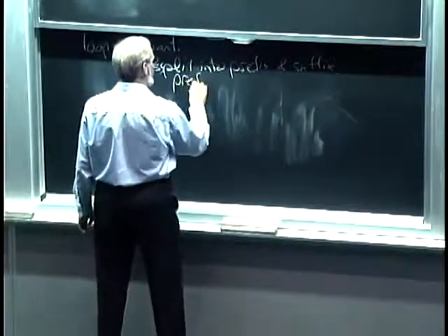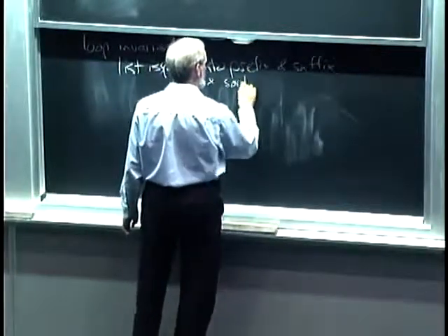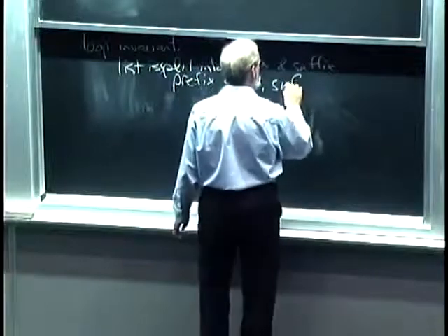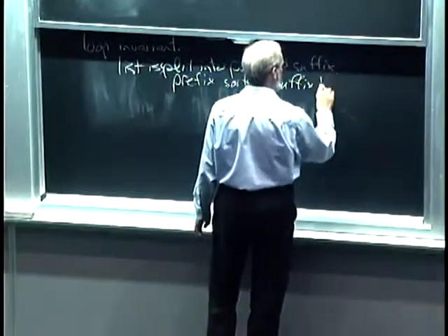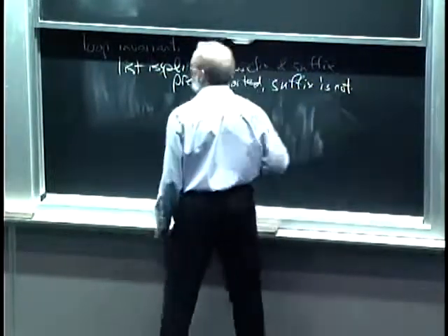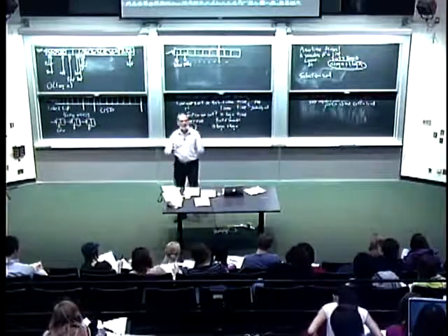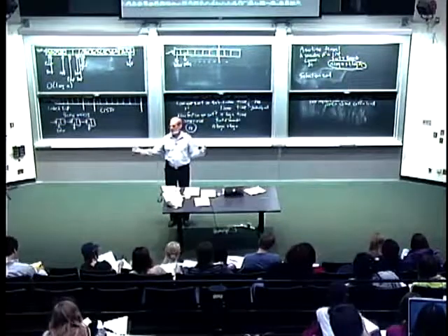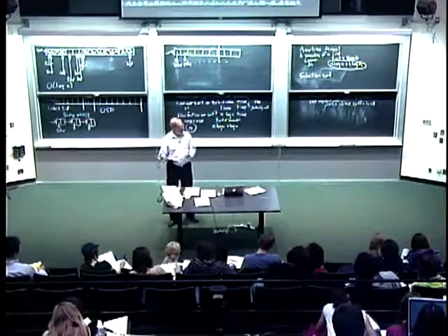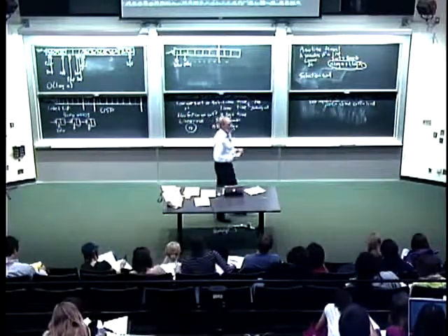The prefix is sorted. The suffix is not. And basically, the loop starts off with the prefix being nothing, and it keeps increasing the size of the prefix by 1 until it gets through the entire list, at which point there's nothing in the suffix, and the entire prefix is sorted.